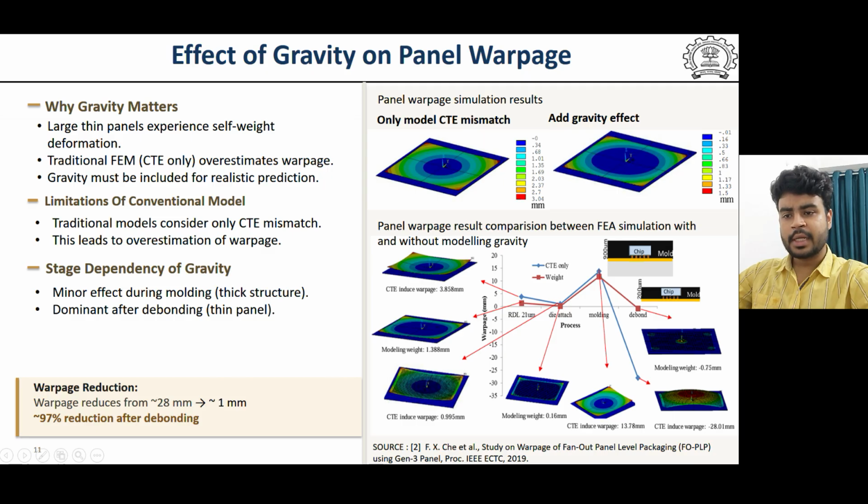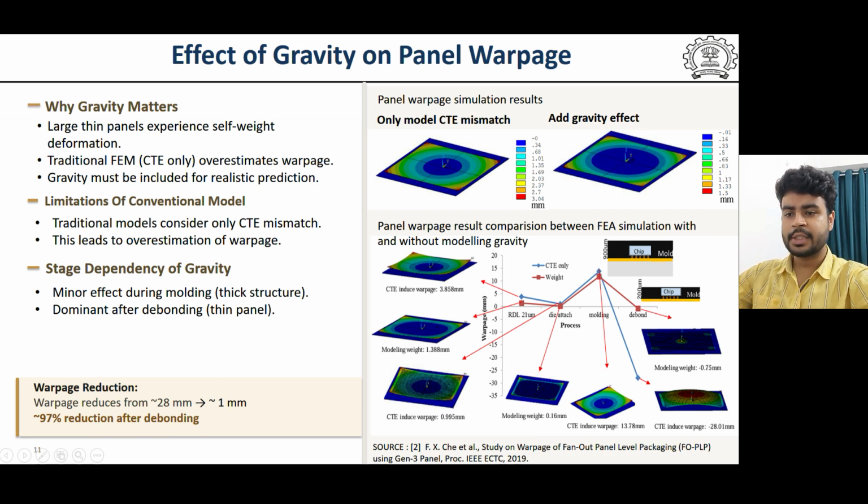Another key point is that the effect of gravity depends on the process stage. During molding, the structure is thick and stiff, so gravity has minimal effect. But after debonding, the panel becomes thin and flexible, so gravity becomes dominant. This is why the maximum reduction is observed after debonding. Including gravity in simulations has a major impact.